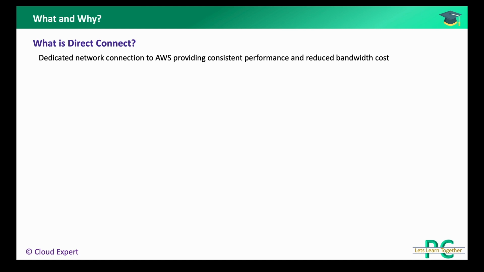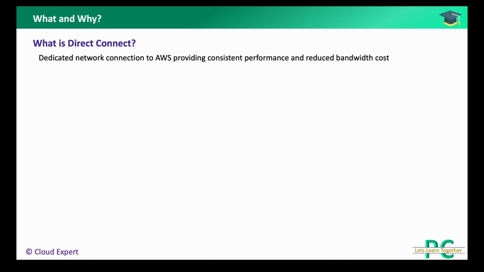I have taken this definition directly from AWS documentation. As per AWS documentation, they are describing Direct Connect as a dedicated network connection to AWS, providing consistent performance and reduced bandwidth cost.